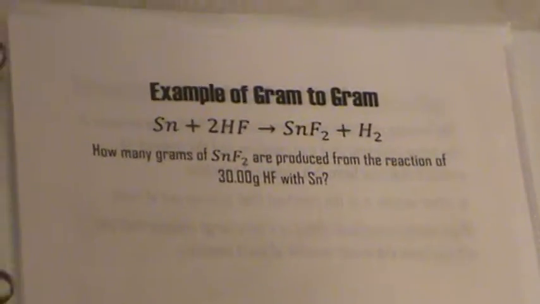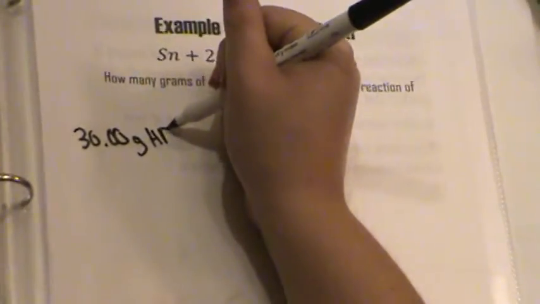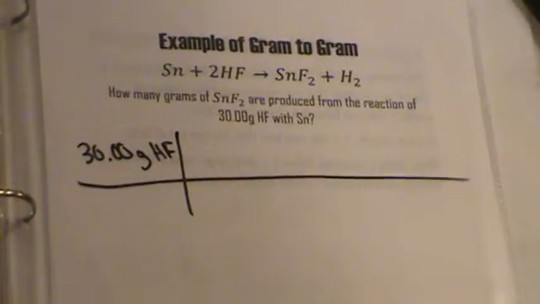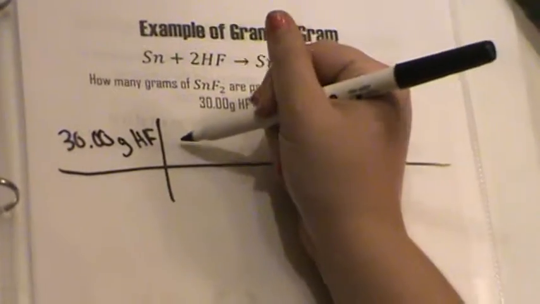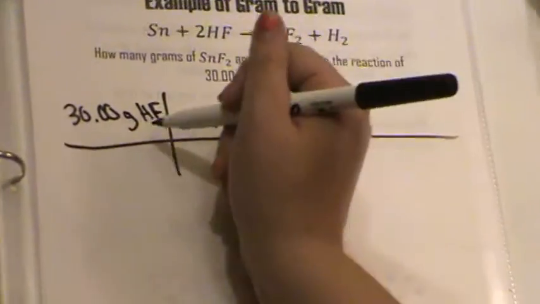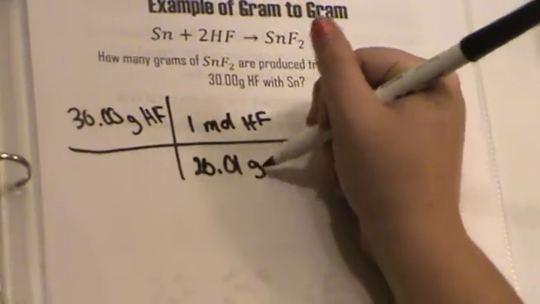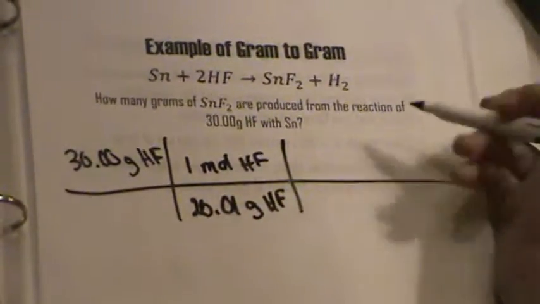An example of gram to gram is when you have 30 grams and you have to convert the grams into moles. So you have 1 mole over the molar mass, which is 20.01, and then you take the mole ratio.